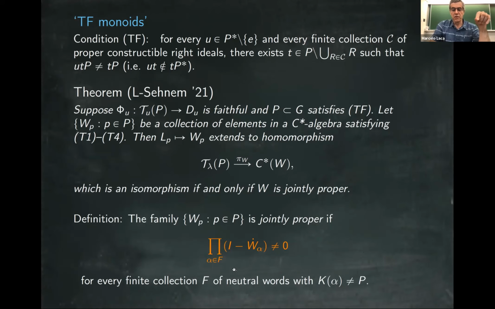If you think of the left regular representation, this is satisfied, for example, because the vector delta of the identity, the vacuum vector, is killed by all these W alpha dot alphas, because the constructible right ideal is proper and they are not the identity, but the identity won't be killed, so you get non-zero.